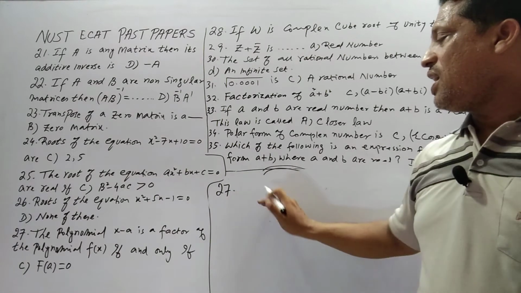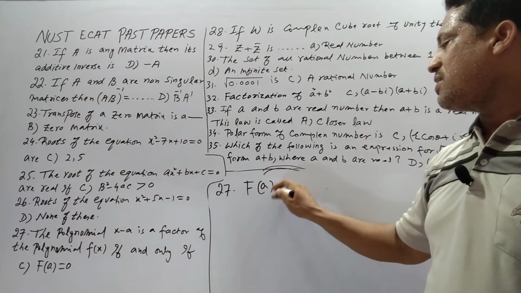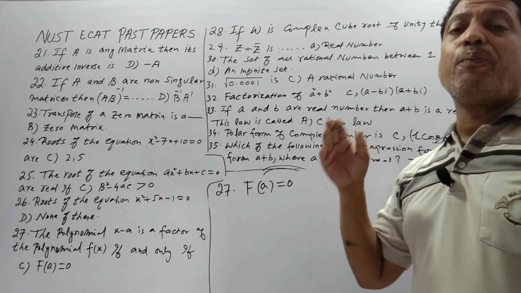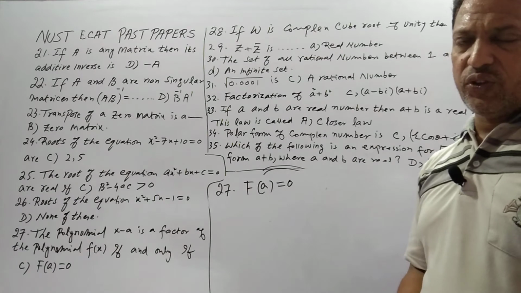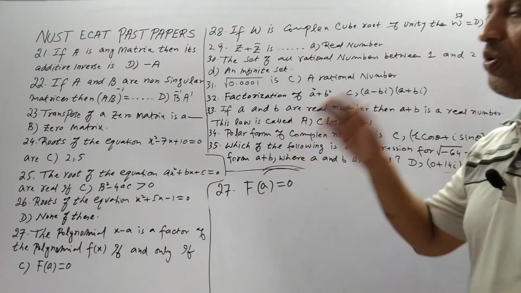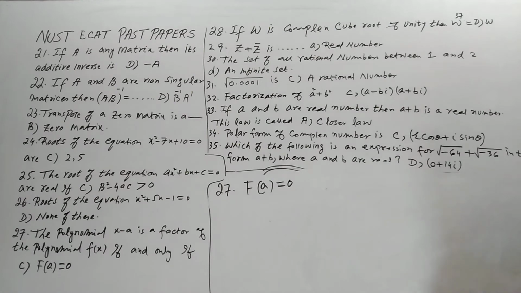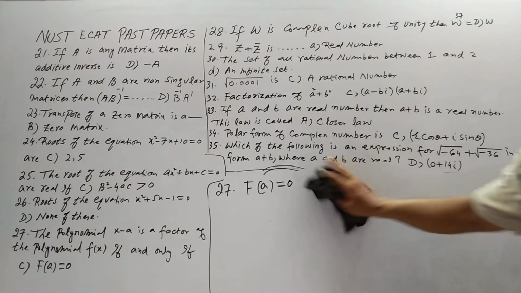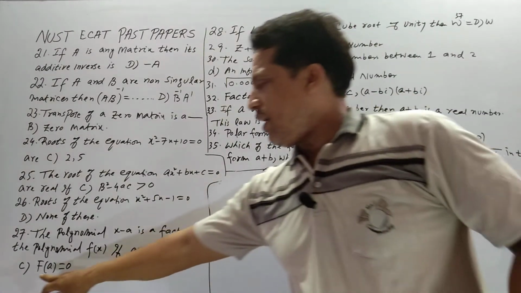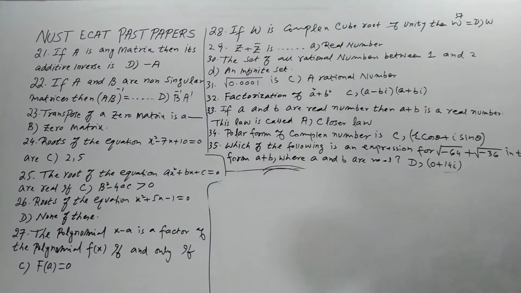Remainder 0 means f of a is 0, because remainder 0 means it is completely divisible. So factor or completely divisible by, both are the same. Hope you understand this question. So the correct option is C, f of a is equal to 0.